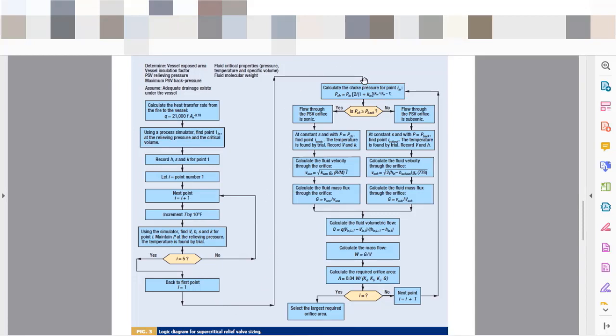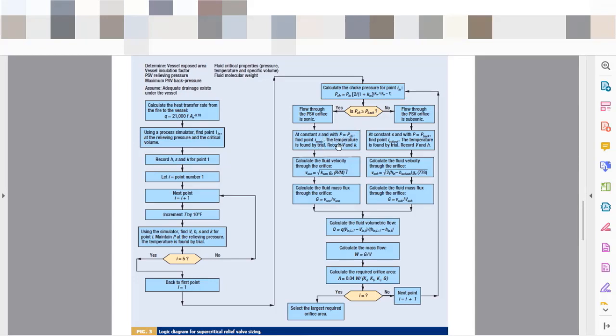The first thing is to verify whether the release condition is choked or not choked. Most often, as the set point of the pressure relief device is very high, the release will be choked. That means the flow through the orifice will be sonic. Considering that it will be sonic with a constant entropy and the pressure as the choked pressure, we need to find the choked temperature.